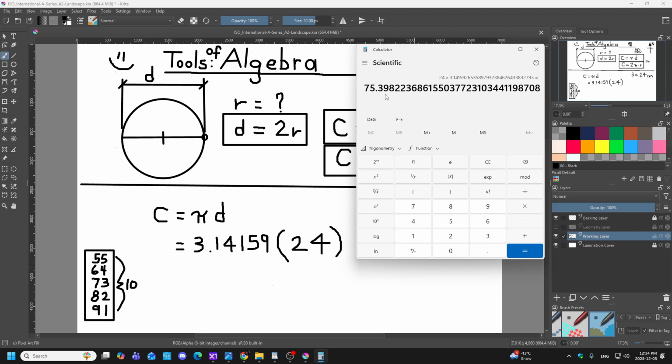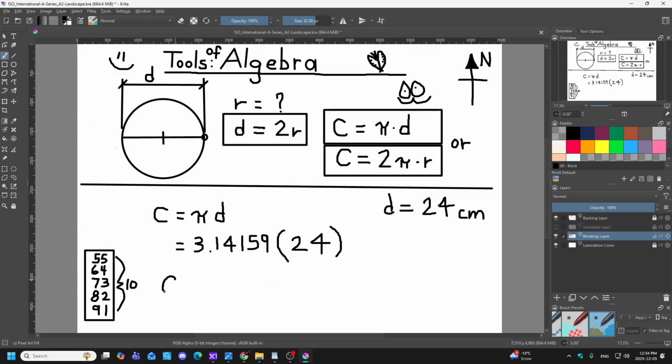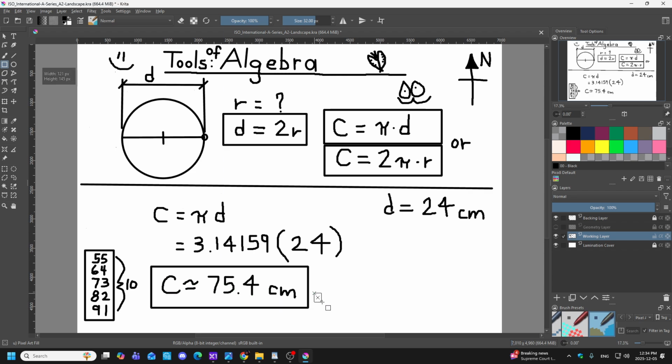Because 9 is greater than 5, therefore I'm rounding up to 4. So 75.4, approximately equal to 75.4. Don't forget your units, centimeters.